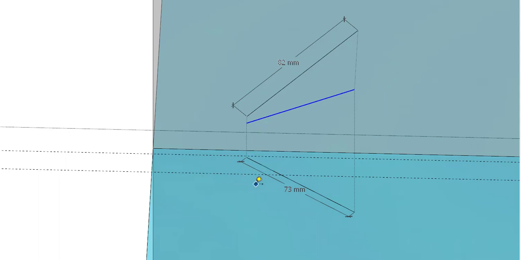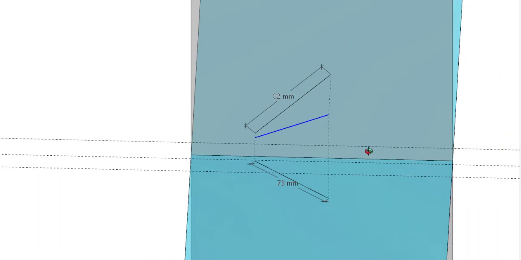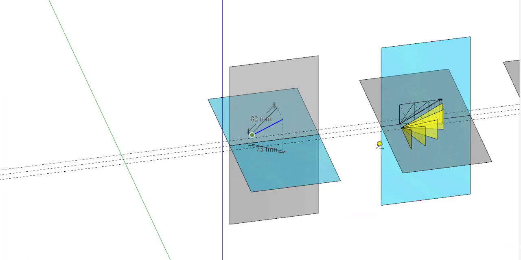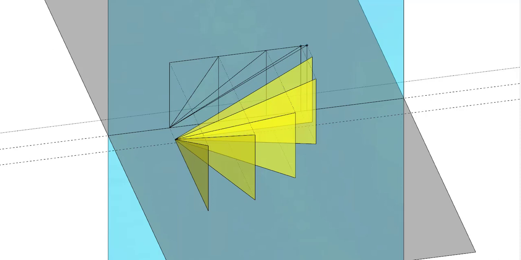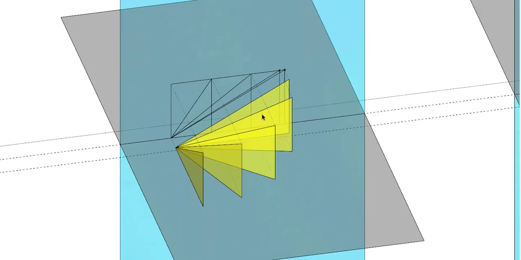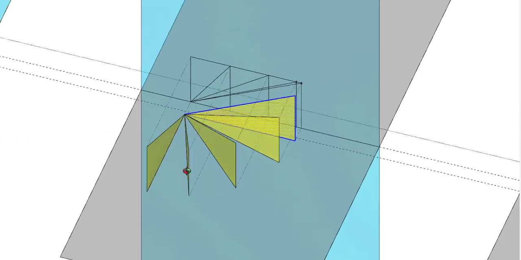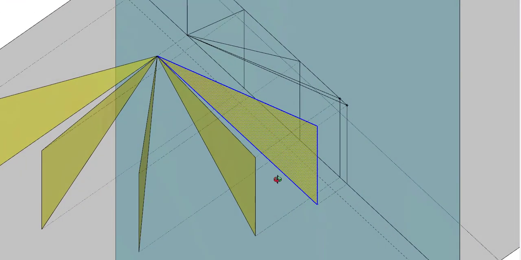Another thing to note before we move on to a problem in projection of lines inclined to both planes is how it is projected when an inclination is given to another plane also. So let's see this. I've highlighted this particular surface here.